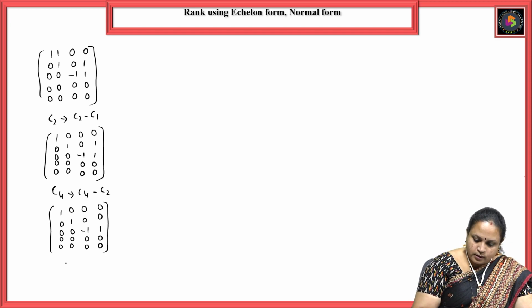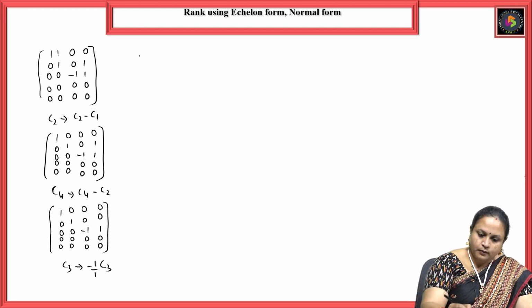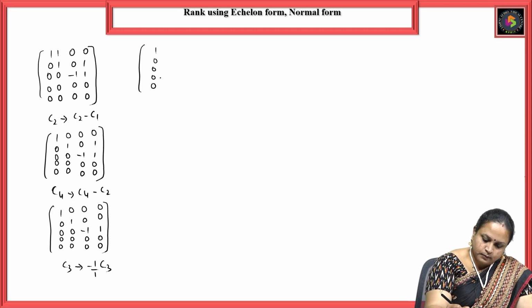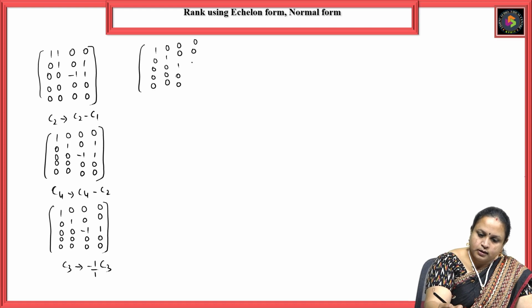Now let us divide C3 by minus 1. So C3 will become 0, 0, 1, 0, 0. C4 is as it is, 0, 0, 1, 0, 0. So let us make C4 also 0.